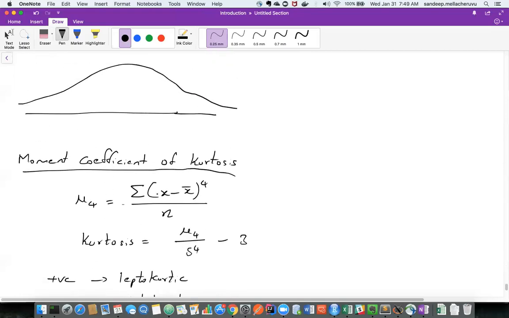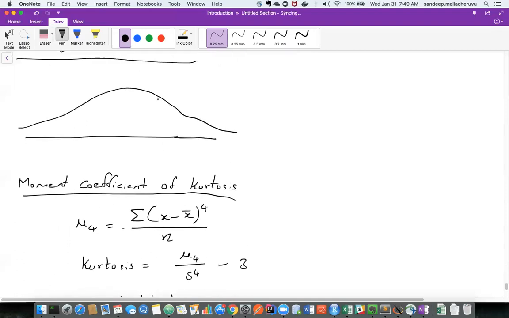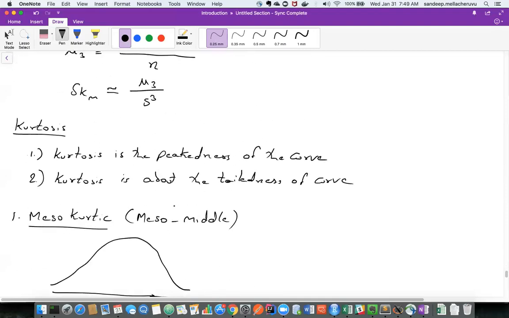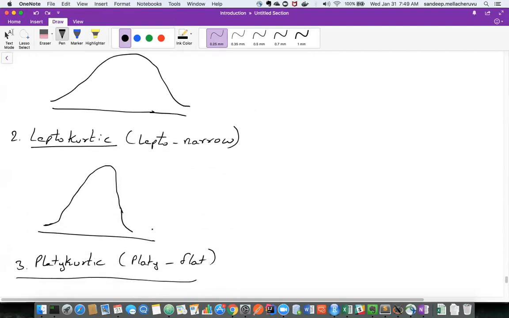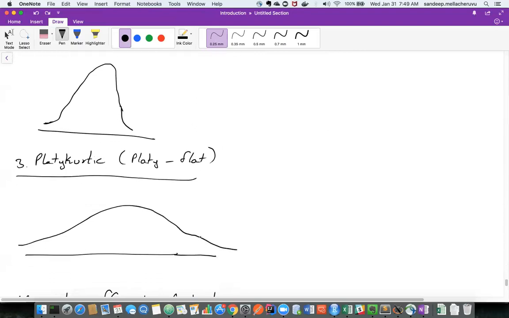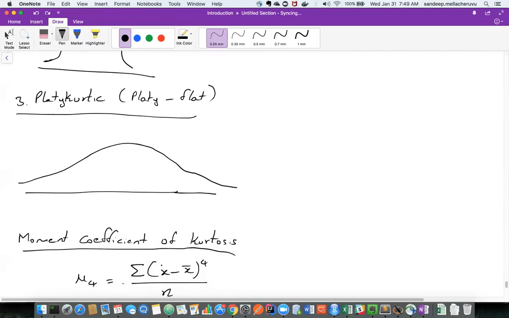Now again, like I said, the formula is derived always using the tailedness, not the peakedness. So if there are too flat, too heavy tails like platykurtic, this difference, power 4, is going to give this part, I mean, this part is going to get highlighted too much, right?